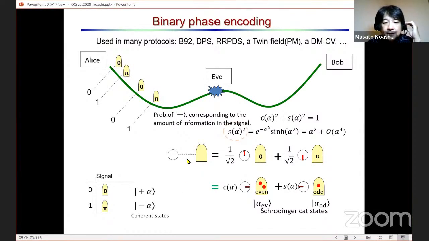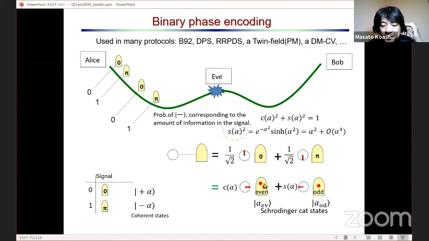So if you write down the entangled state between the qubit and the right pulse like this, and if you switch to the X basis here, then this coefficient would be different from this. If this is a coherent state, we have here the Schrödinger cat states. For the plus state, we have even Schrödinger cat states, so the photon number is even, and here odd-number Schrödinger cat states.